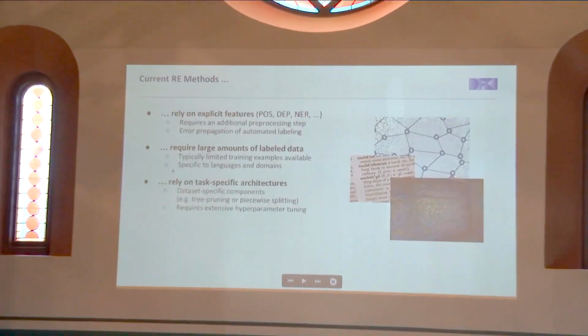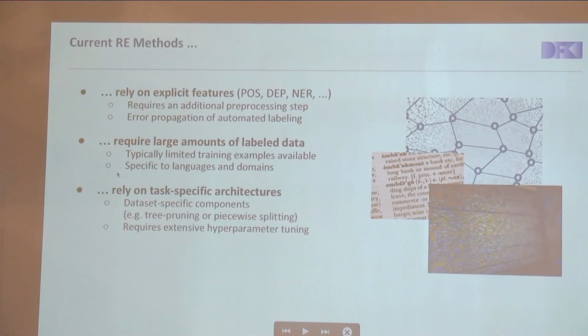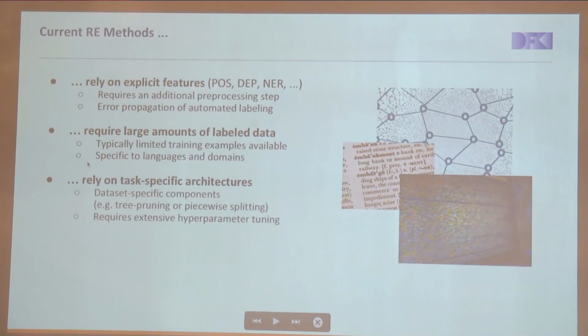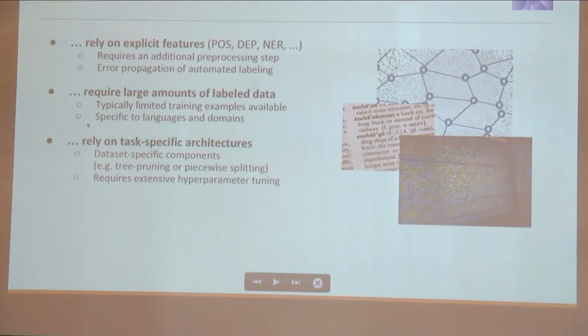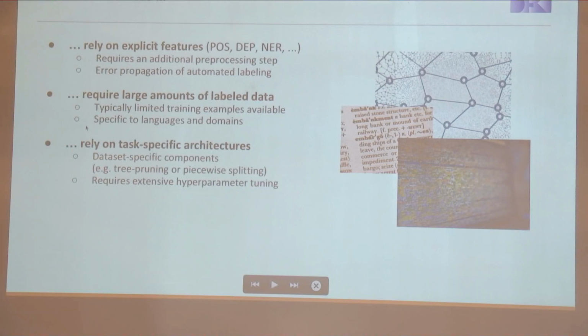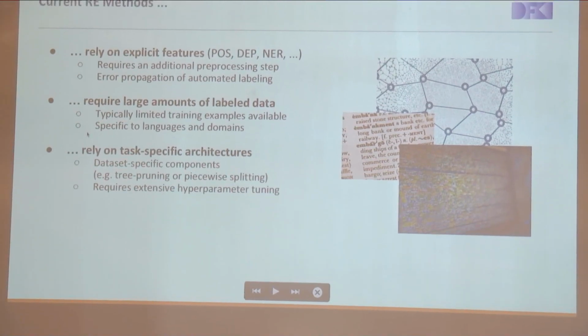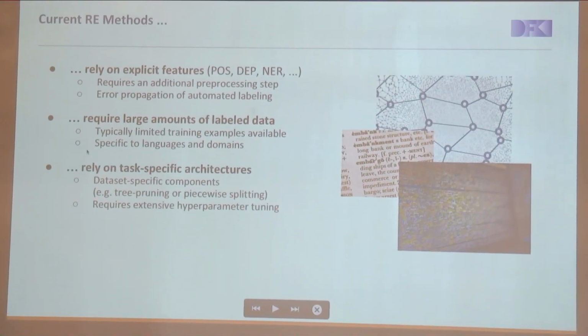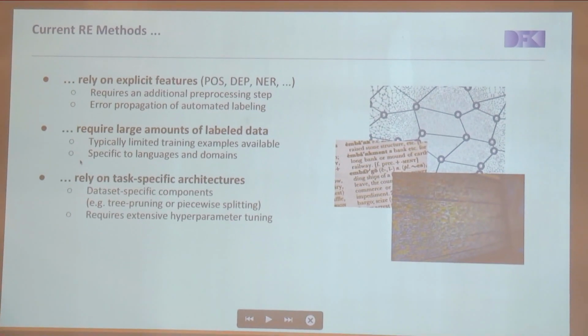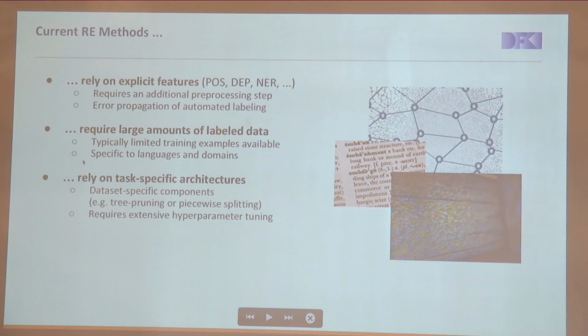The main motivation was that we wanted to address current limitations of relation extraction methods. First, they usually rely on explicit features like part of speech or dependency information, and we hope that we could replace that by more implicitly computed features, and therefore limit the reliance on the domain.